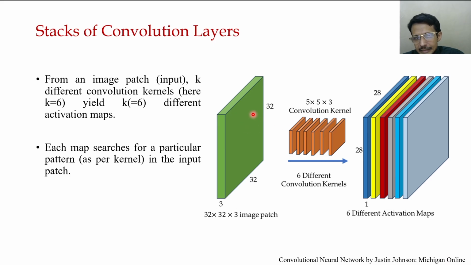Since it is the first input layer, these are very primitive patterns. And the corresponding activation maps, or resultant maps, show which primitive patterns are present or not, by virtue of these convolution kernels. In this example it is 6, but it may be more than that.